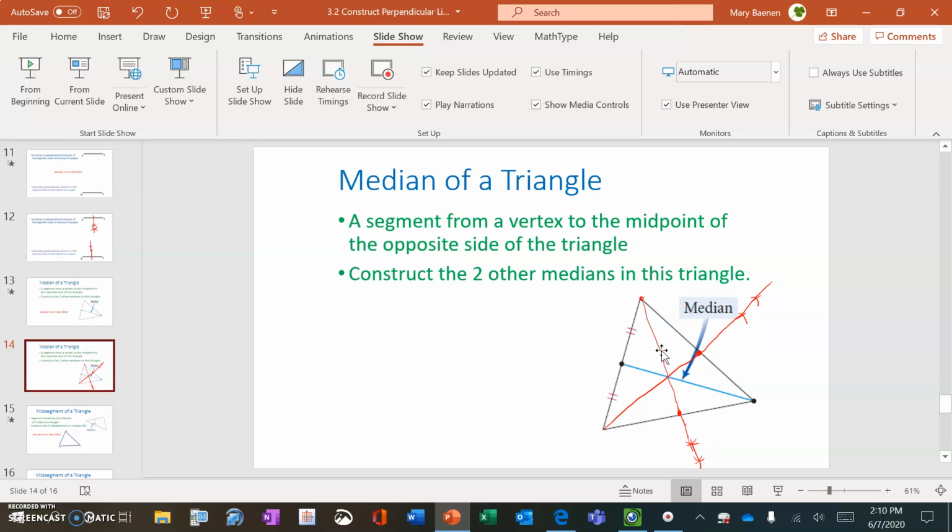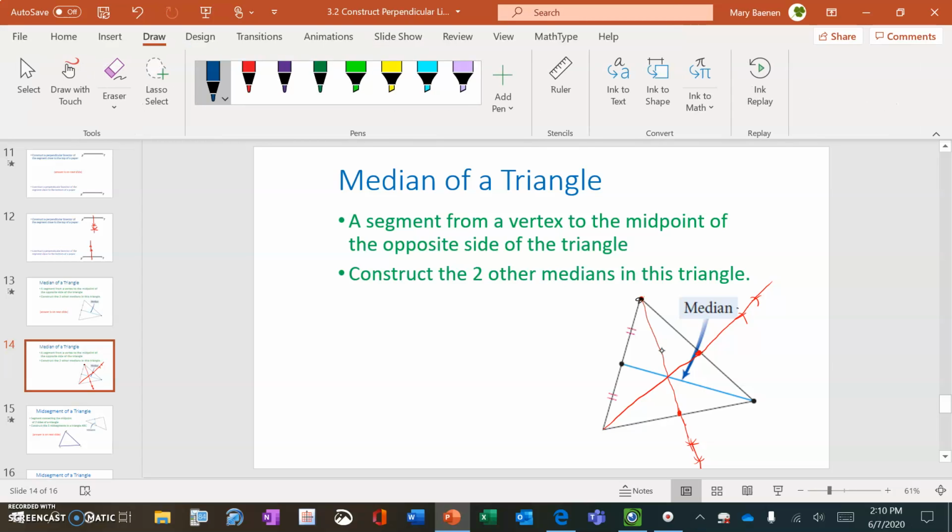I went over to this side here and I stabbed in and made an arc, stabbed in here and made an arc. Okay, opened up my compass a little bit wider, stabbed in here, made an arc, stabbed in here, made an arc. And so therefore when I come down here, that comes down to the midpoint. So I find the midpoint, and now I connect from the opposite vertex to that midpoint, and that's a median.